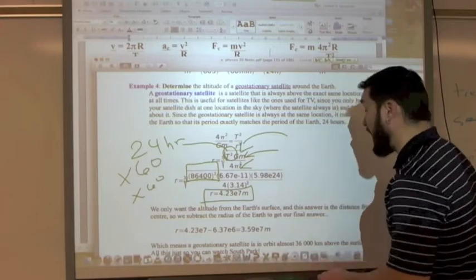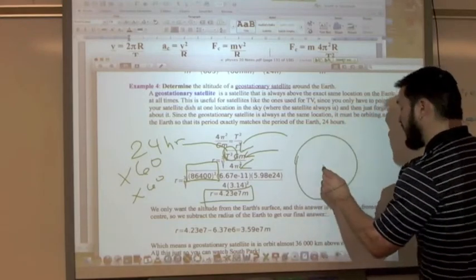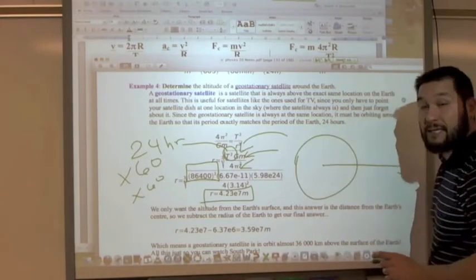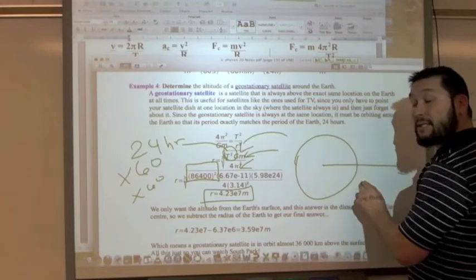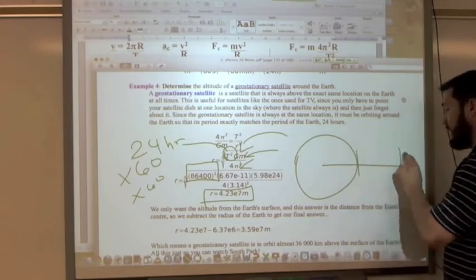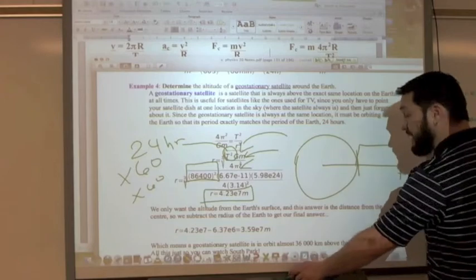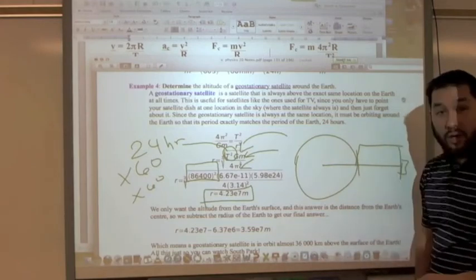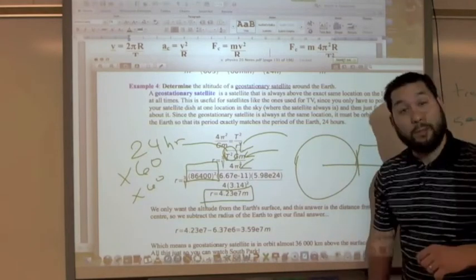Now it's not quite right because that's the distance from the center of the Earth to where the satellite is. We need to get the distance from here to here. Now to get that, you simply have to subtract the radius of the Earth. That is a constant, should be on your formula sheet.